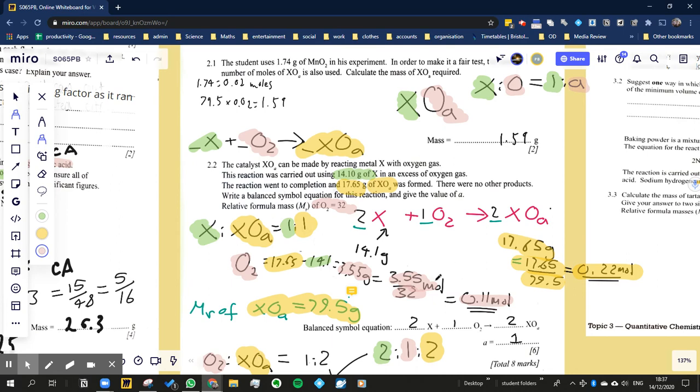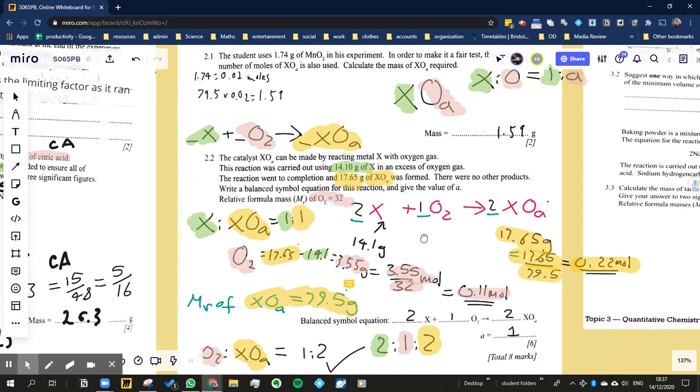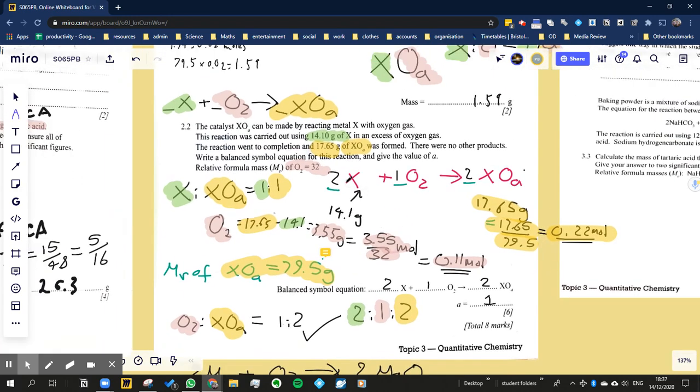So we've got a balanced equation now because we know it's got to be 2, 1, 2. And if that's the case, the only way that we can have that is that A would have to be just 1. In other words, the formula for XOA is just XO.